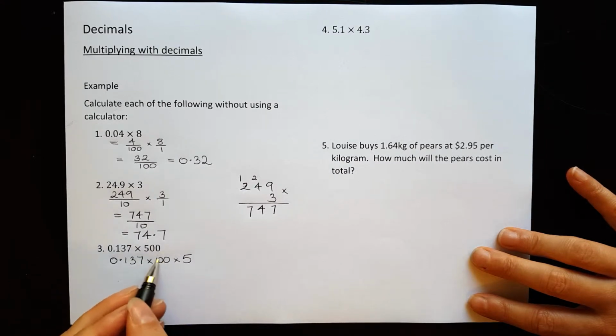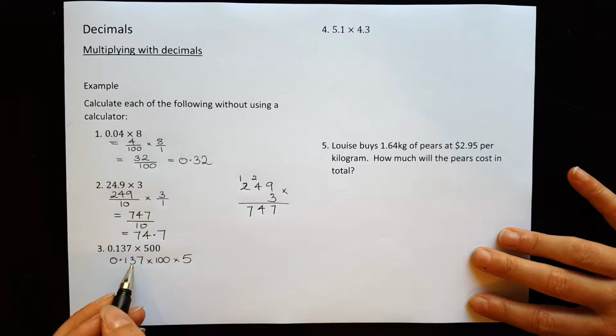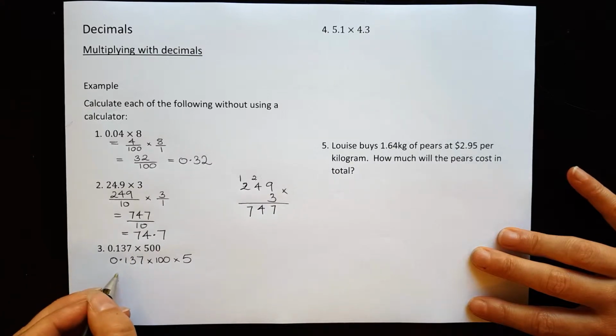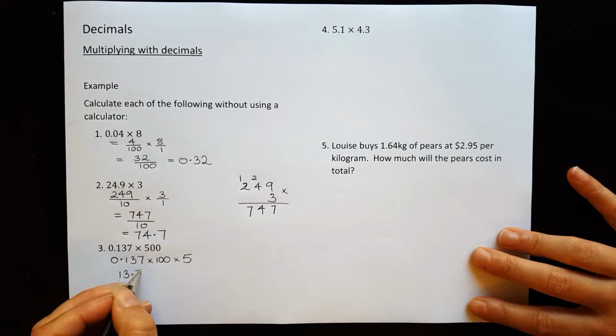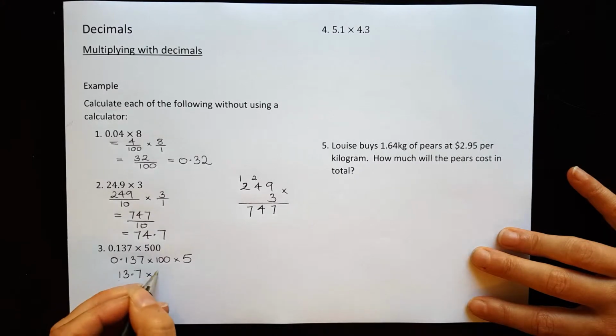By breaking that with the 100 here, I can easily multiply this by 100. We learned that last lesson. Multiplying by 100, I move the decimal point over 2 places to make that 13.7 times 5.